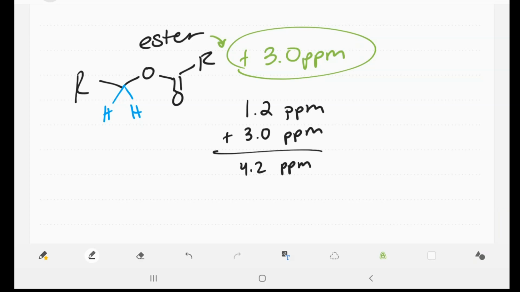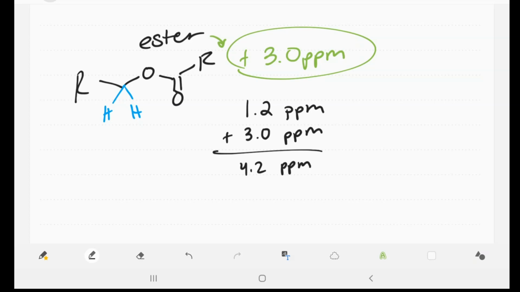You're going to see, first off, in your chemical formula, do you even have 2 oxygens? An ester must have 2 oxygens. Do you have a carbonyl peak in your IR spectrum? These will be very important bits that we're going to put together to figure this out. So the 4.2 is pretty unique.